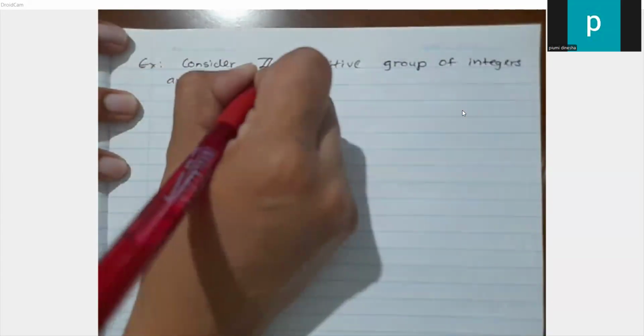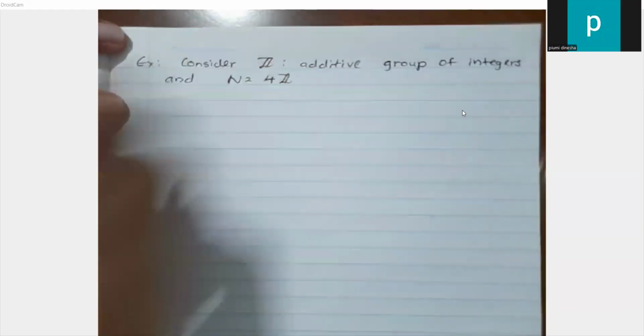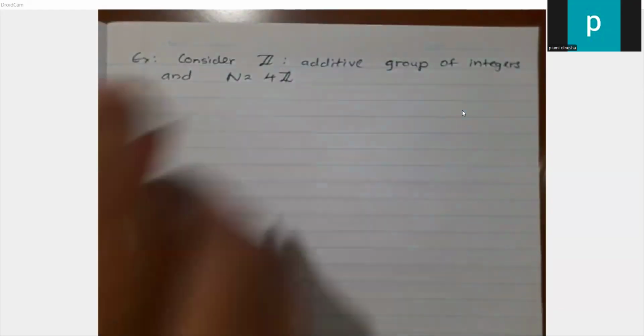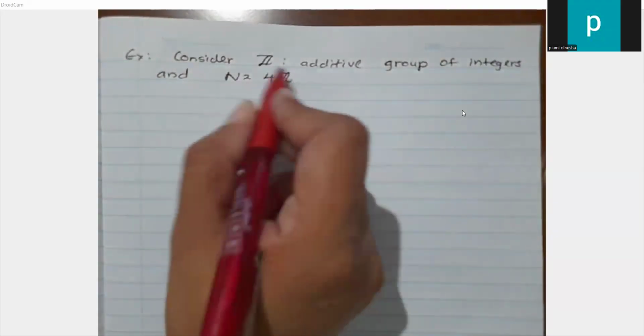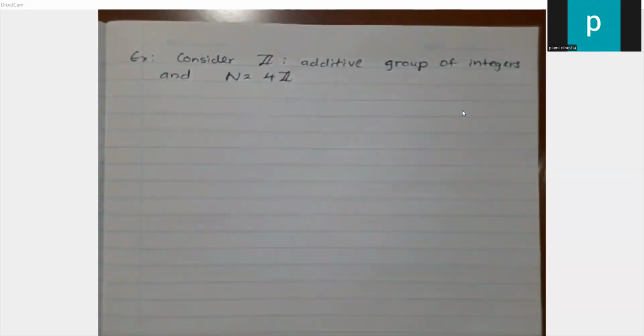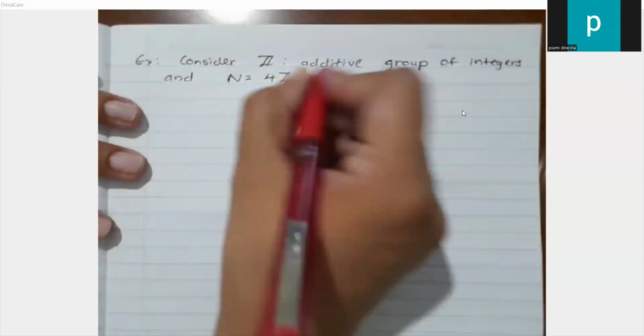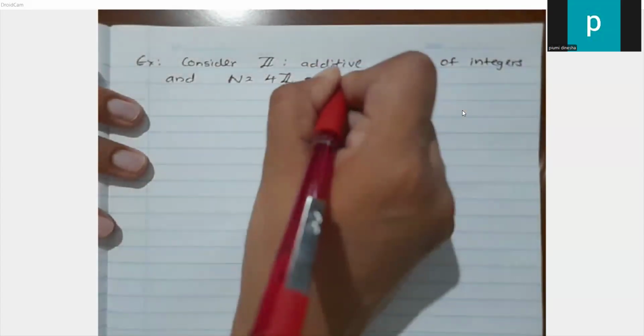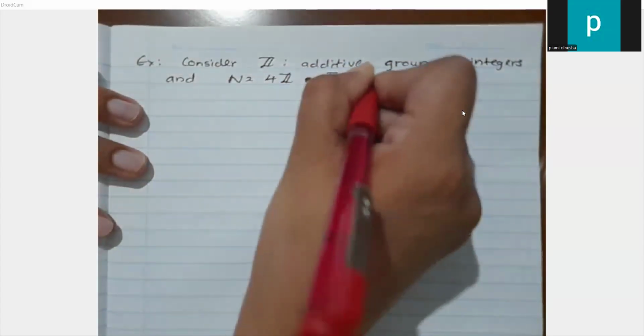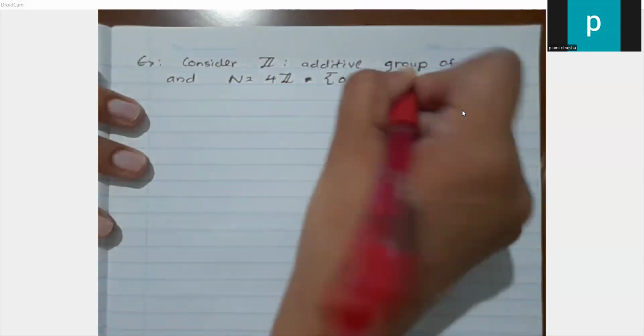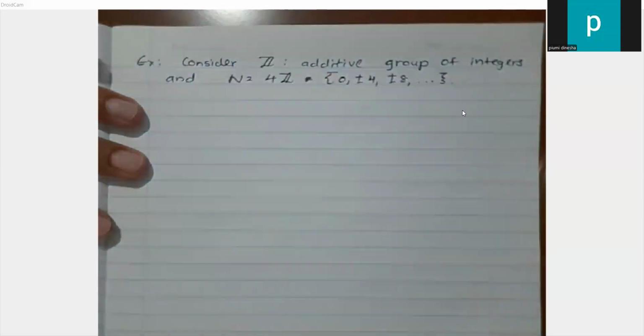And let's take n to be 4 times Z. We know that this is a subgroup of Z. Any group of the form m times Z is a subgroup of Z. This we have seen before, and this contains all multiples of 4. So we have 0, plus or minus 4, plus or minus 8, likewise, all these elements, right?